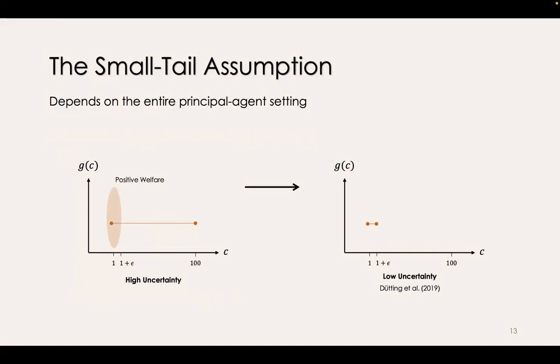If, however, for all types greater than 1 plus epsilon for some small constant epsilon, the instance is such that even if the entire reward is given to them, they will still not be willing to take any effort-intensive task, meaning that a positive welfare and a possibly positive revenue comes only from types within 1 to 1 plus epsilon, then the instance can effectively be reduced to the case where the agent's true type lies within 1 to 1 plus epsilon, which makes the setting equivalent in nature to a point mass setting where the agent's type is 1.